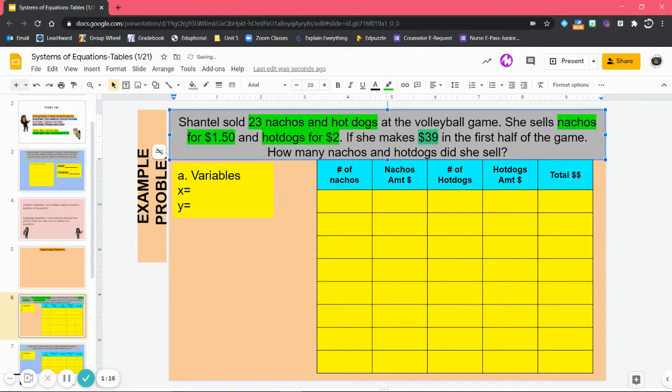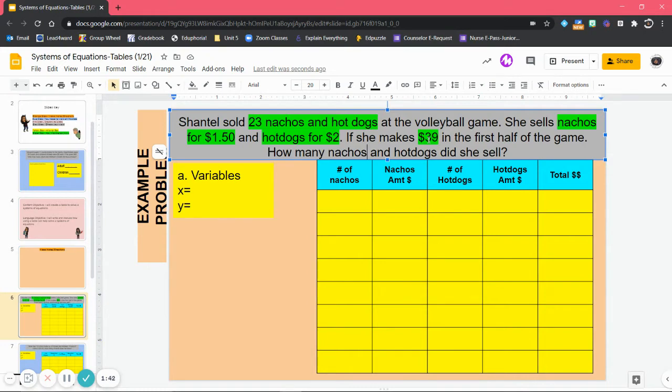Okay, so if I'm looking at this problem, I notice that there's actually two totals here. She sold a total of 23 nachos and hot dogs and a total of $39. So I've got to figure out how many nachos and how many hot dogs she actually sold separately. The past couple of days, we were drawing circles or some kind of shape to represent our variables.